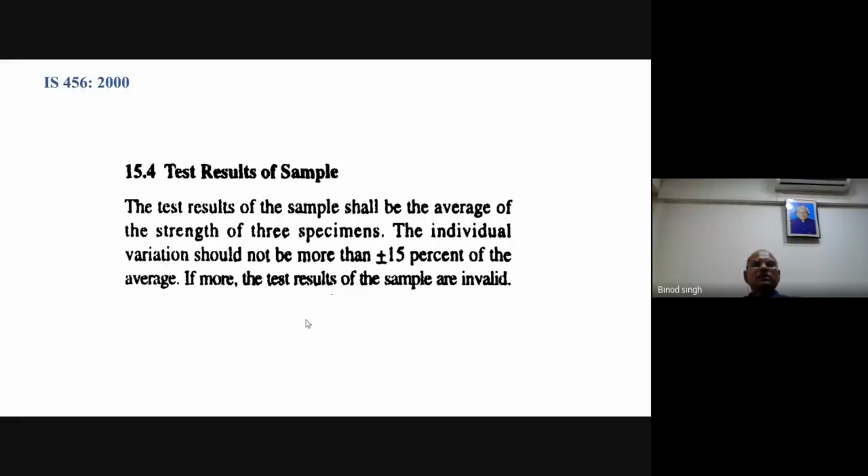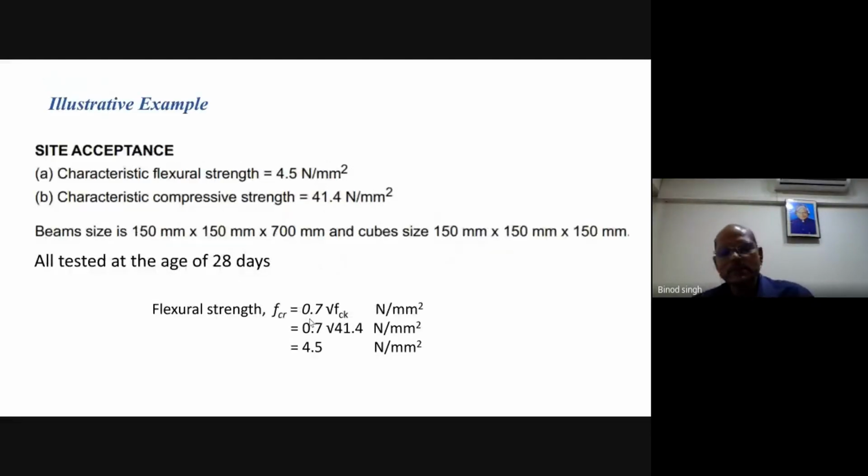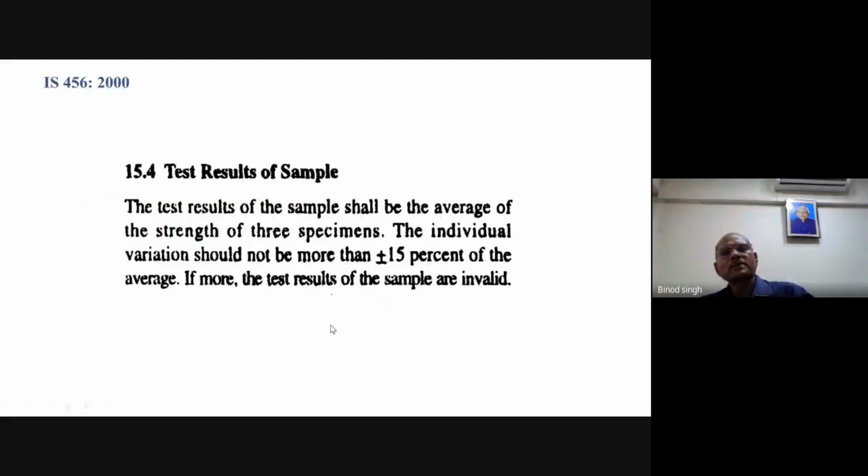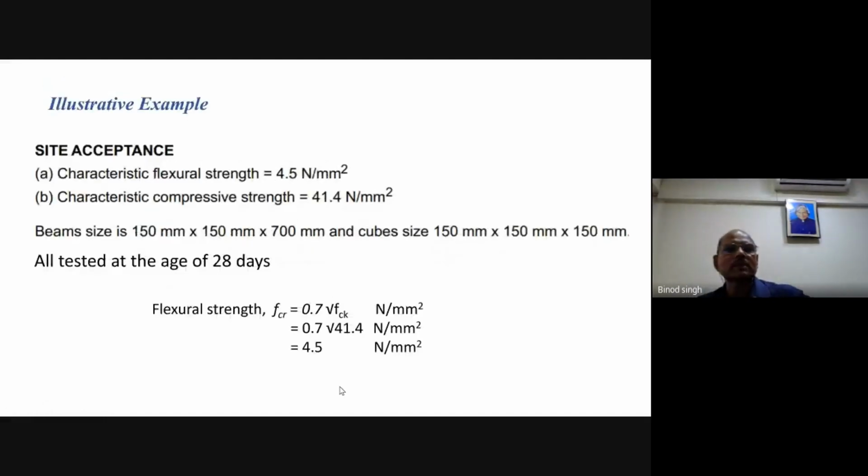I have given one example of the above parameters, a very small example, for when you are going to reject a particular sample. The flexural strength required is 4.5 Newton per mm square, and the characteristic compressive strength requirement is 41.4 Newton per mm square. That is FCK.